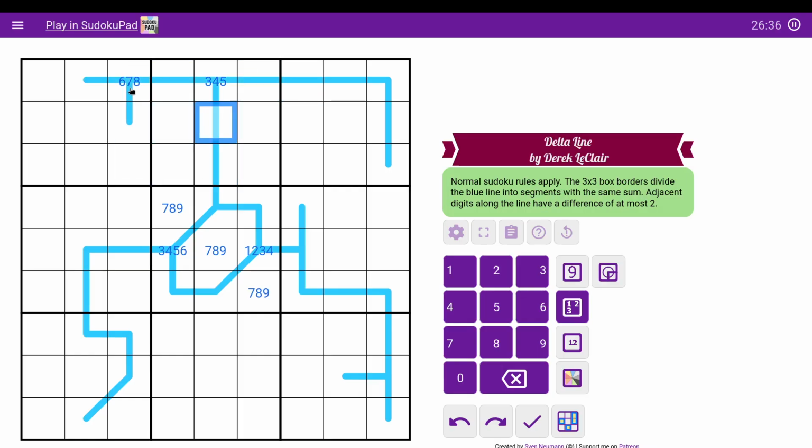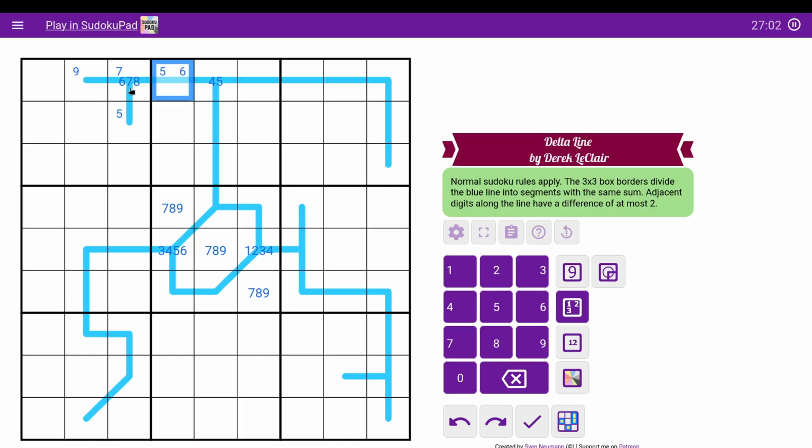Okay, so we know for sure this is 4 or 5. Now let's return to disproving this scenario. 7, we know for a fact this is next to 5, 6, or 8. If it's 8, how do you get next to 4 or 5? Right. Okay, so this is 5 or 6.